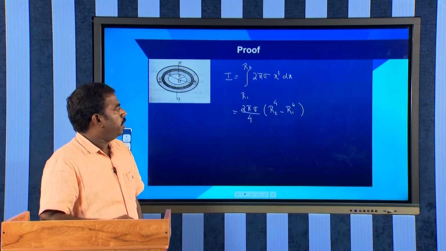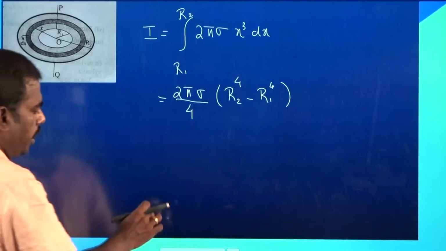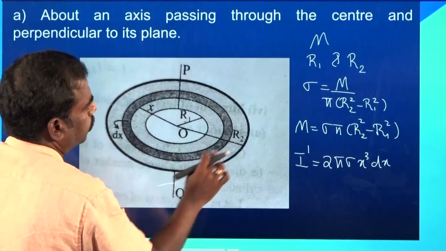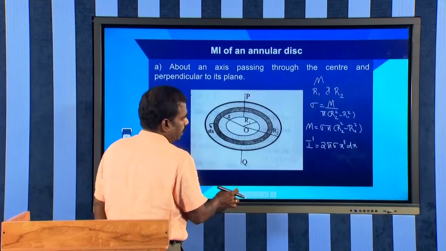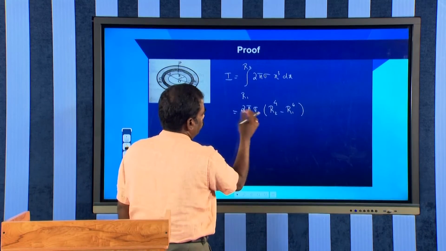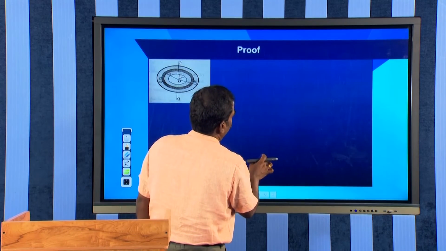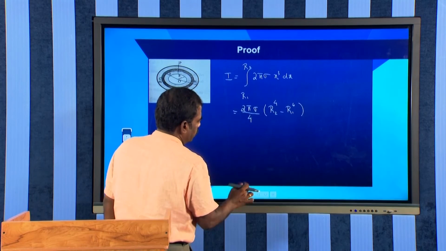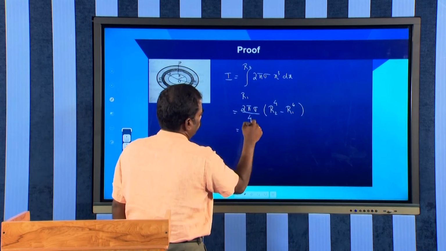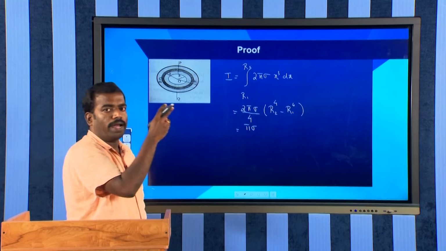So, here also you can do another thing. The mass is sigma pi into R2 square minus R1 square. We can rearrange this one as pi sigma into R2 raised to 4 minus R1 raised to 4.